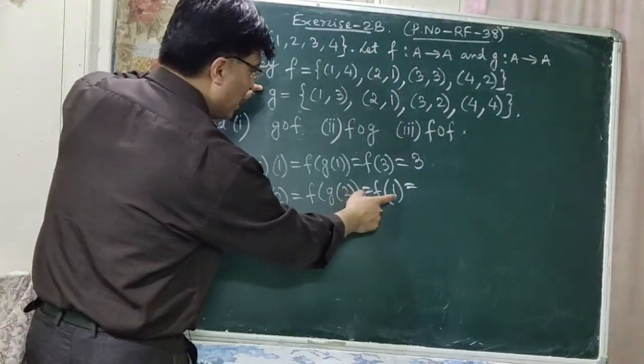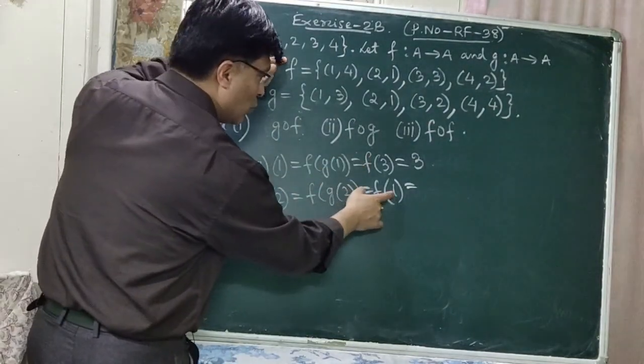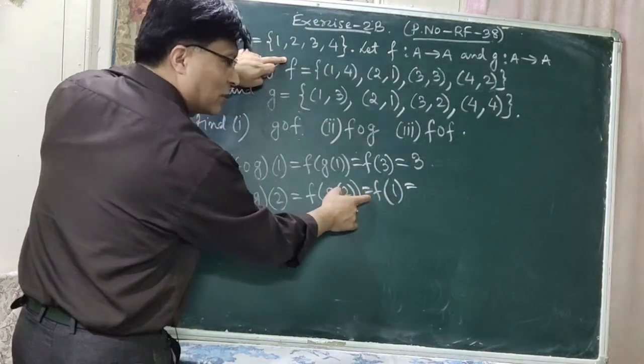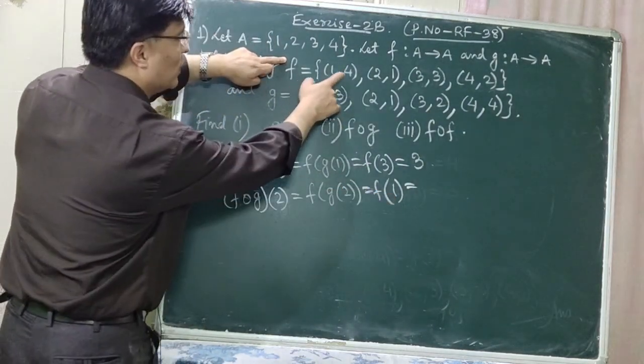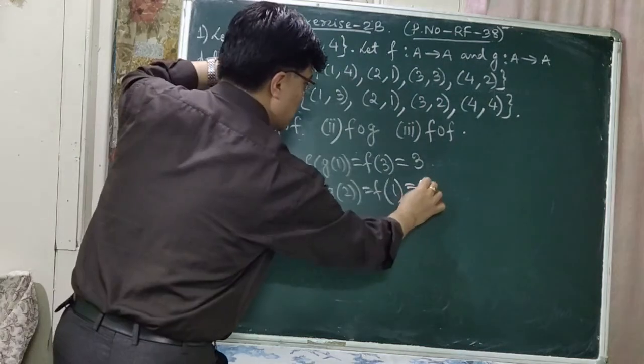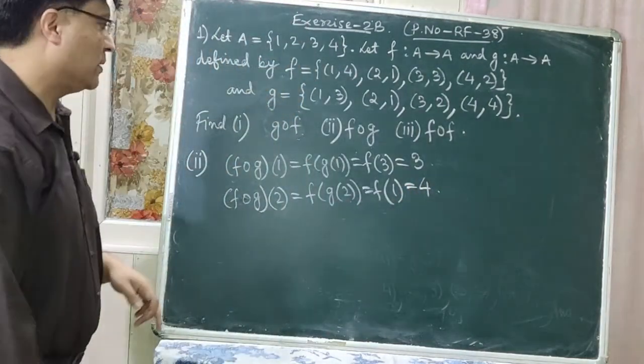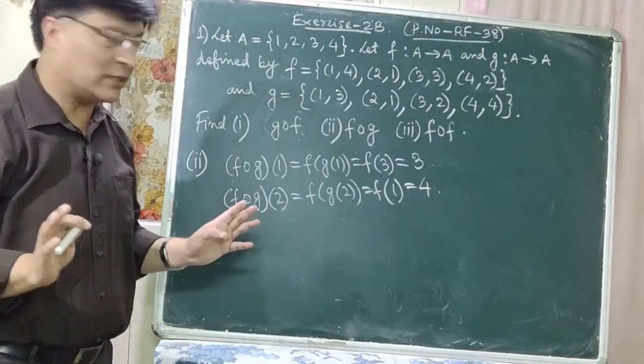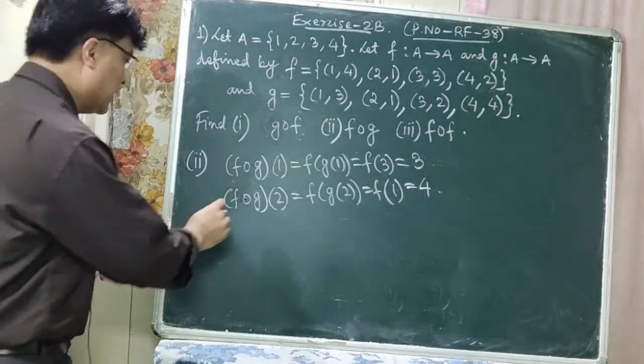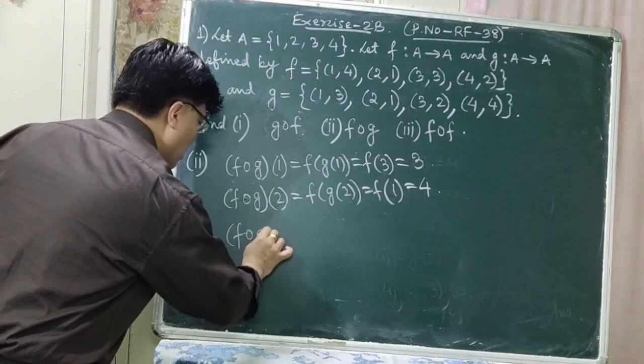Next, what is the value for f of 1? Now 1 is related with 4 under f. So it is 4. So I think you have understood this is FOG of 2. Next you have to find out FOG of 3.